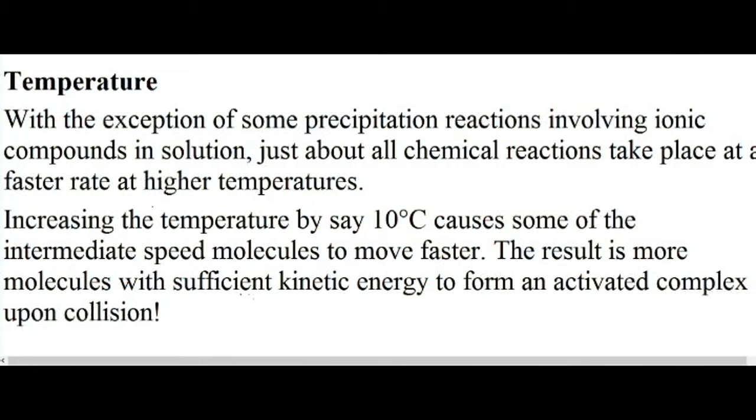The result is that more molecules have sufficient kinetic energy to form the activated complex. So the reason is that increased temperature increases kinetic energy and the effectiveness of collisions. I will explain how it happens.